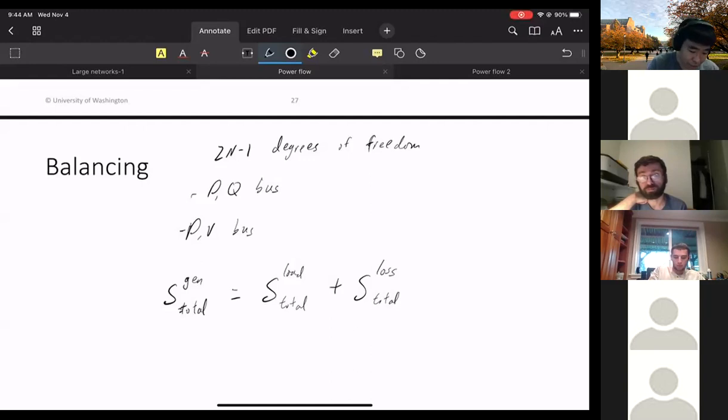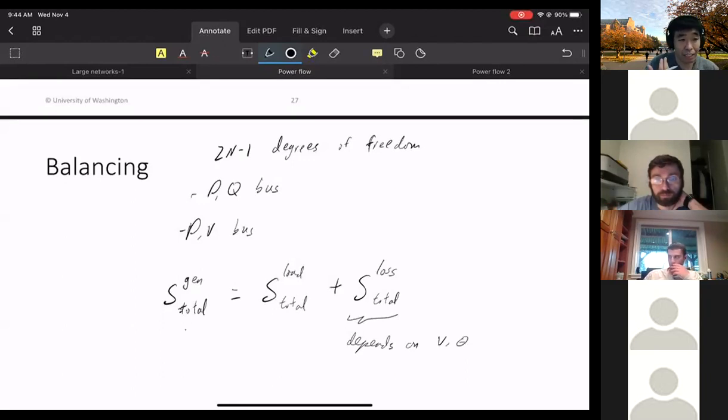But the issue is, the loss depends on V and theta, because it depends on the current flow, and the current depends on V and theta. So we cannot choose the total generation and the total load at the same time. We must have some slack, because I need to balance this.